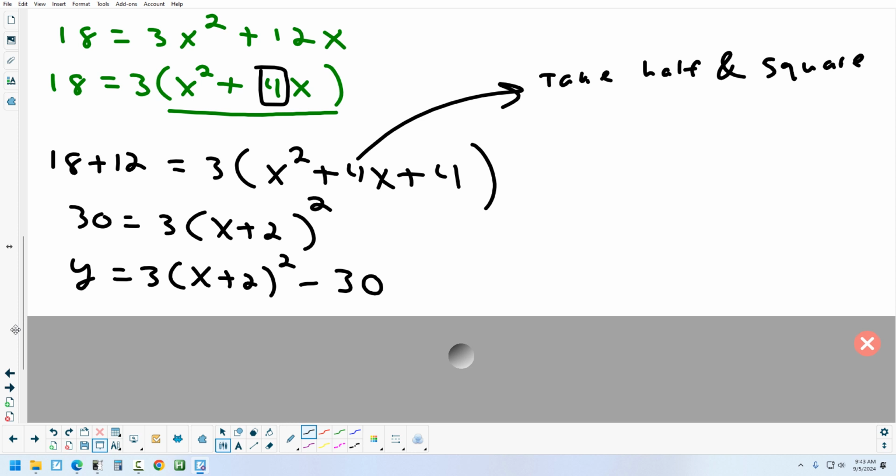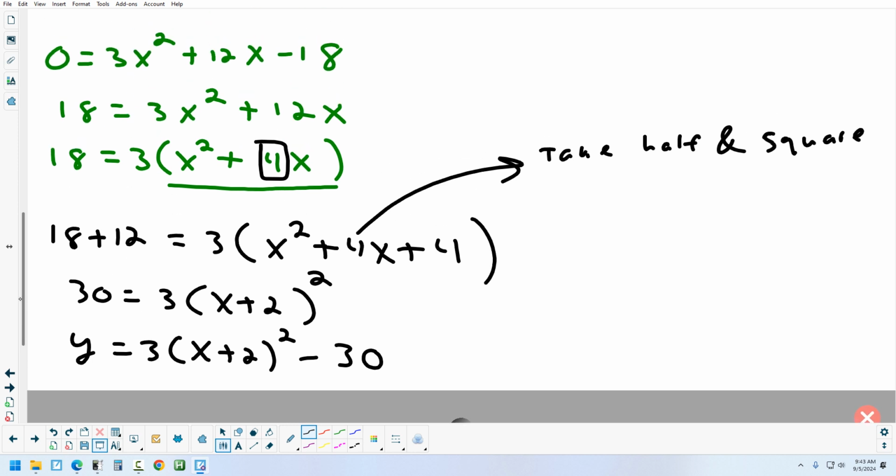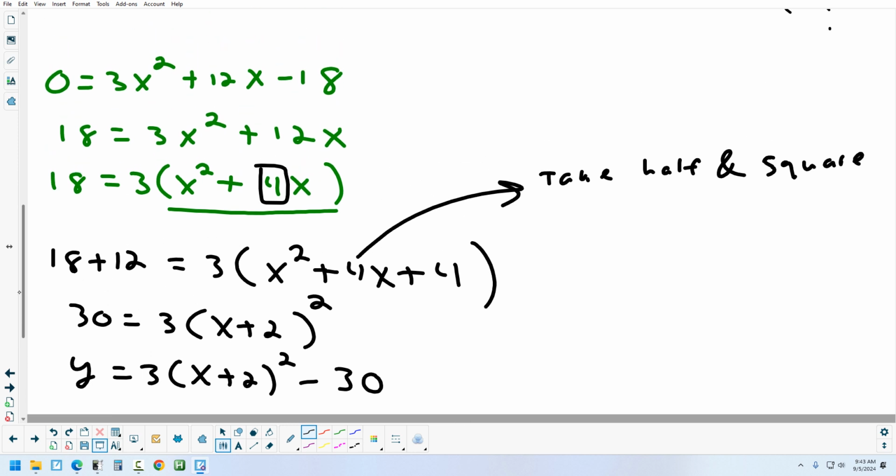First one would be shift left 2, vertical stretch by a factor of 3, shift down 30. Those are your transformations. We've already done describing them. I think for this problem, the harder part was remembering how to complete the square.